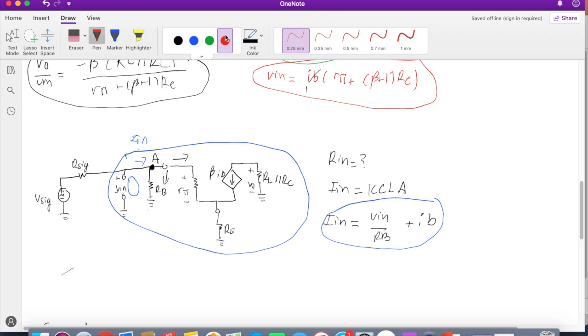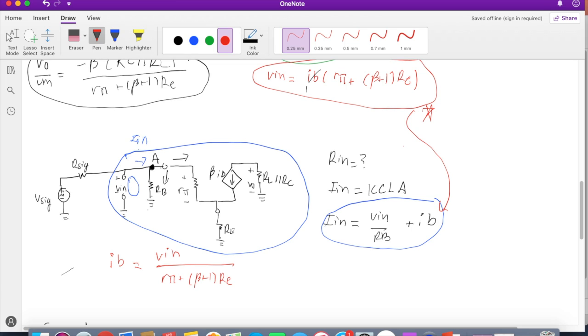Now remember, we have to replace IB with something familiar, something that can make this a lot easier to solve. Now we found a function for IB right up here. We can bring this down, make it equal to IB equals V in over R pi plus beta plus 1 RE.